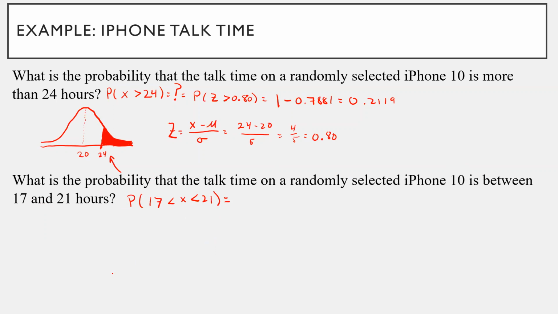So again, you're going to sketch your curve. 17 is down here, 21 is over here. And I want to find the area between these two. Okay, so I've shaded in the area.